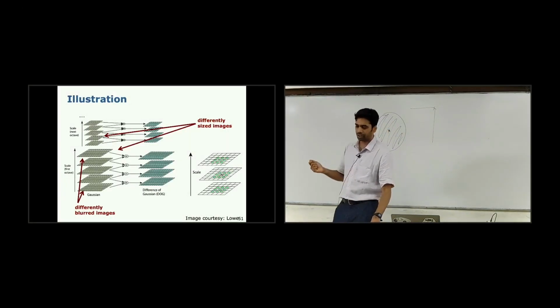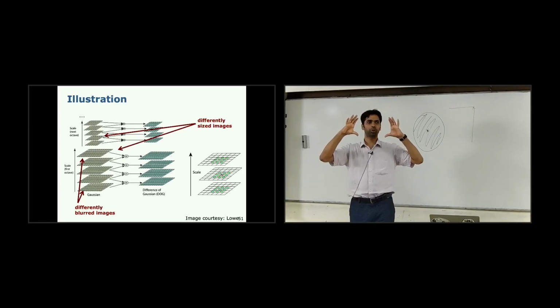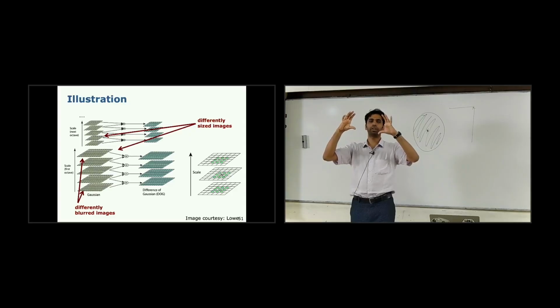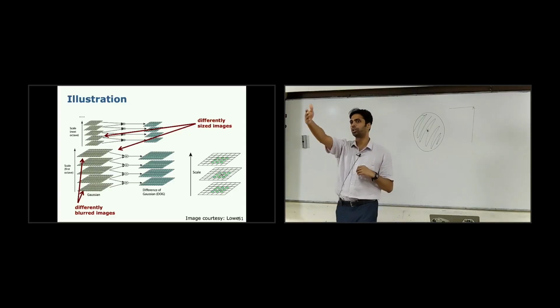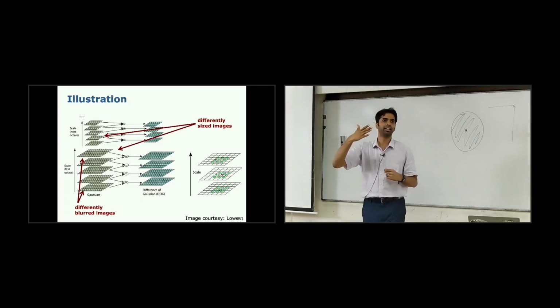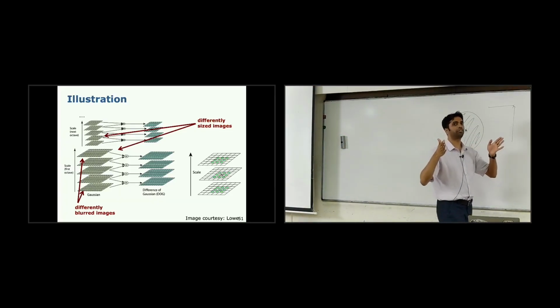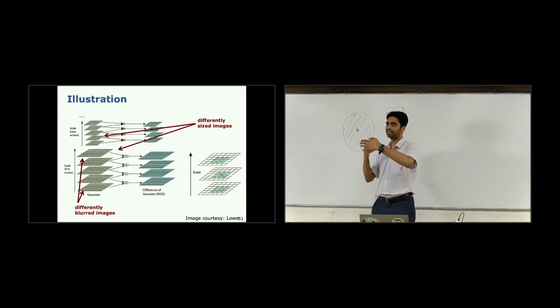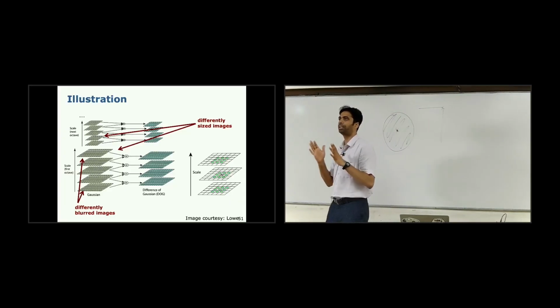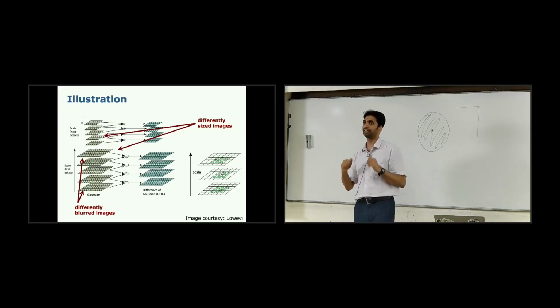So why is this done? For example, if I take an image of this room from here, and I see that clock at a particular scale, I go closer maybe to you and take another image, that clock will appear bigger. So now you have features which have been seen at different scales. So how do you identify the same object in the environment that you have seen from different distances?